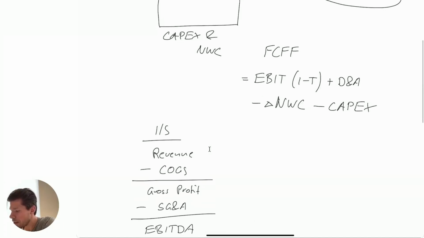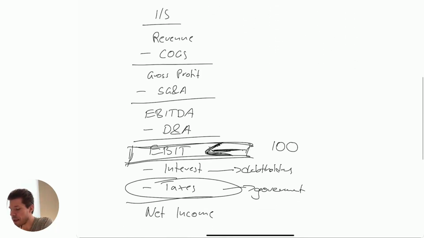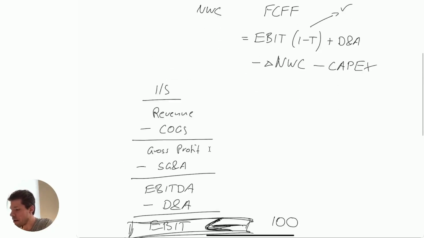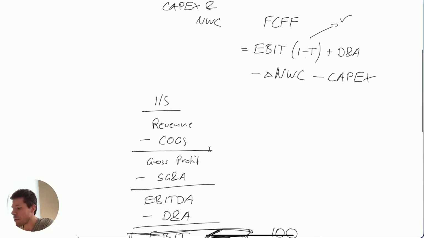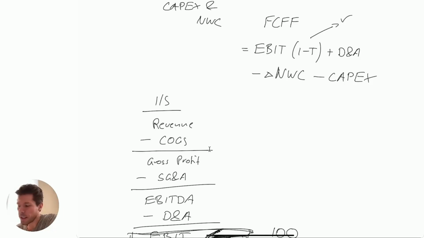That's the first part. However, we need to do certain adjustments because the income statement, if you look at this, and EBIT is still not clean. If we use EBIT times (1 minus T) only, it does not give us a full picture of whether this is the free cash flow really available for our capital providers.